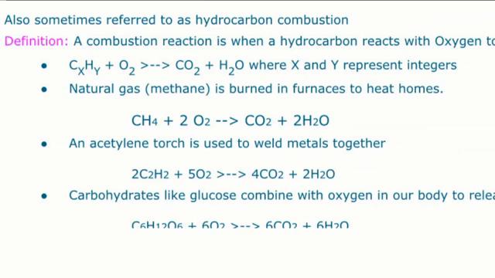Sorry, ethane is C2H6. So acetylene, C2H2 plus oxygen gas gives you carbon dioxide and water. Carbohydrates like glucose, C6H12O6 plus O2 produces carbon dioxide and water. So we always end up with the same products.